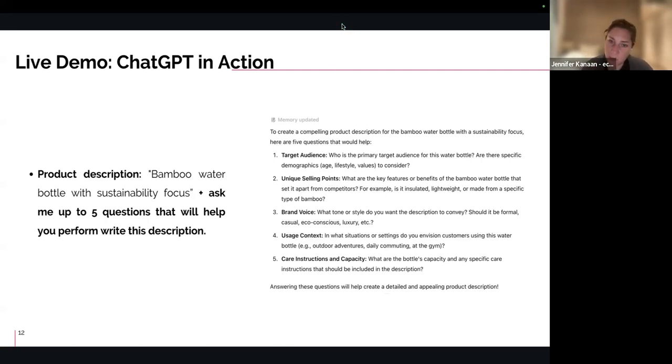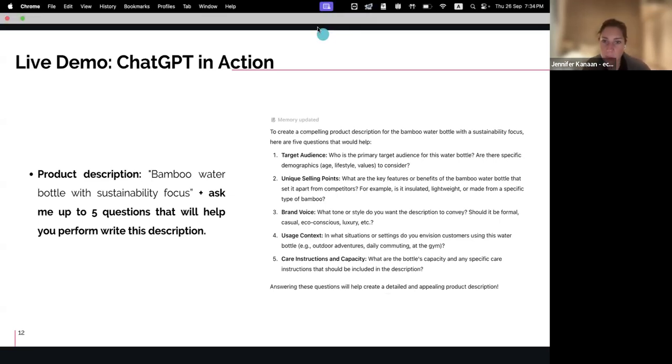Not only rely on it for giving you the answer, but helping you think about what would be unique selling points. What tone or style do you want the description to convey? Formal, casual, eco-conscious, luxury? This all makes a difference. Where do you want to use that? Are they using it in outdoor activities, daily commuting, at the gym?